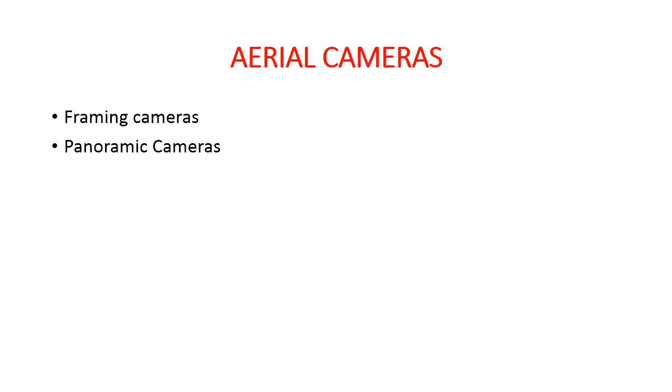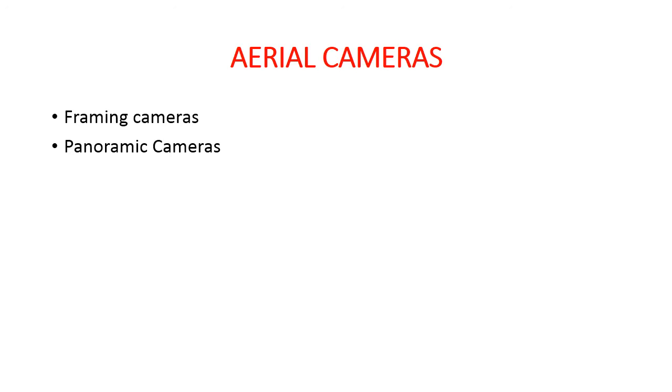The objects immediately below the camera are seen larger and those away from the camera are smaller in the photographs. When we are using this camera, the object which is nearer will appear larger and the objects which are far away will appear smaller.